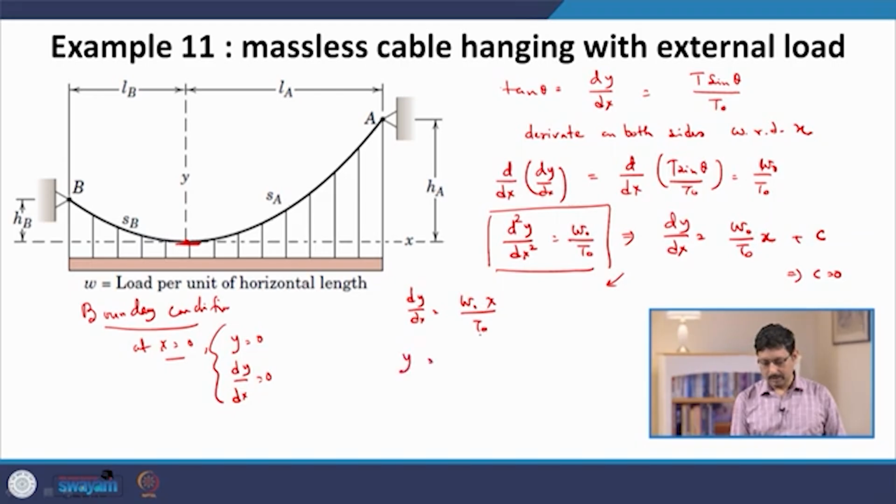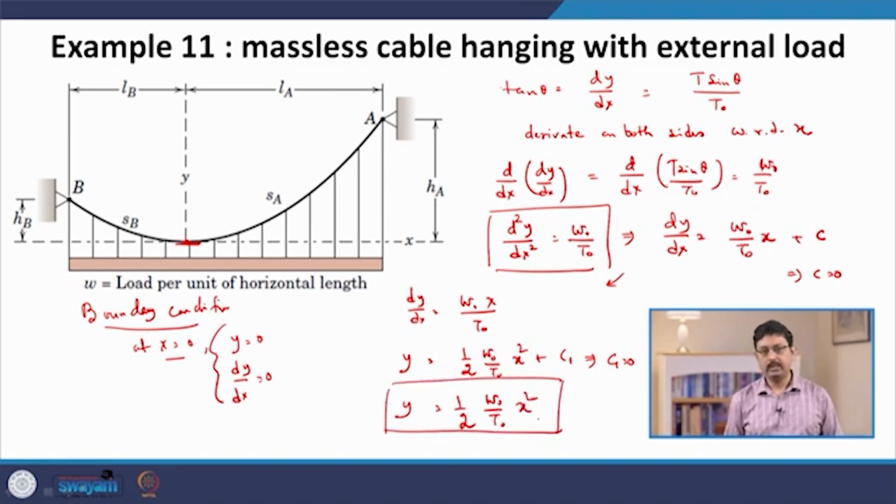Then again you integrate, and you get another constant of integration. Now, you apply that at x equal to 0, y is 0, which gives C1 equal to 0. So, you have y equal to w naught by 2 T naught times x squared. This is the shape of a massless cable which is hanging because of some external load and supported at both ends.